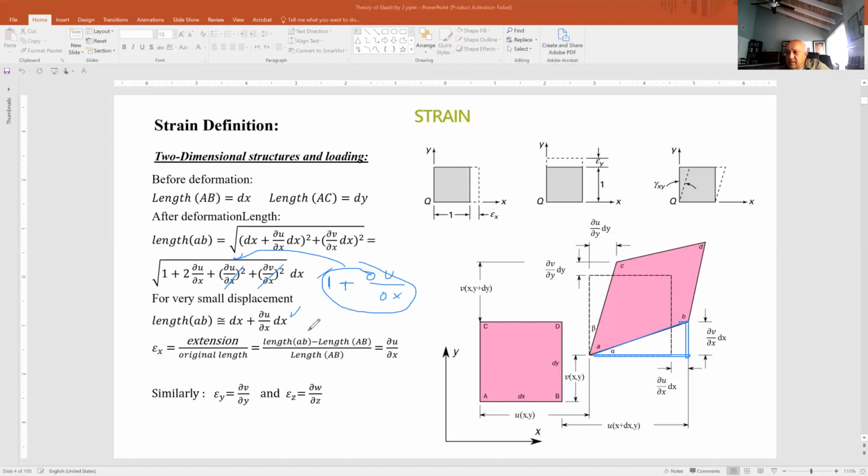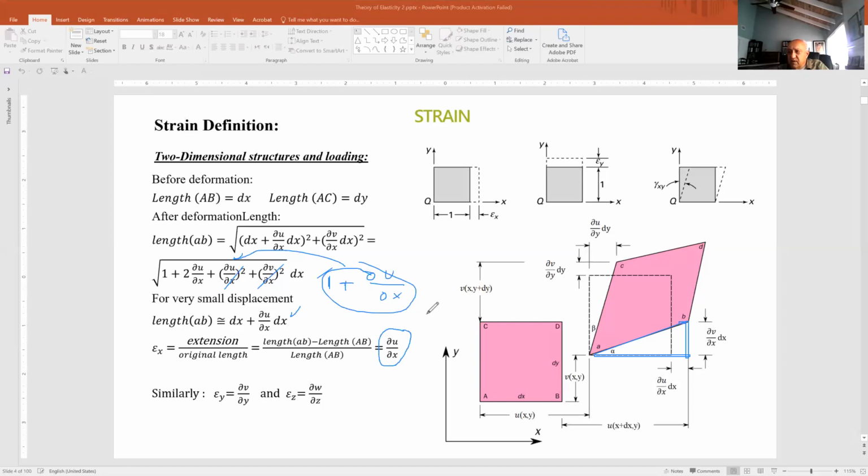This is the new length. Subtract them from the initial length. You come up basically to the same equation that we derived for the one-dimensional problem. If the displacement is small, the engineering strain is related to the displacement by this equation. Derivative of u with respect to x would be epsilon x.